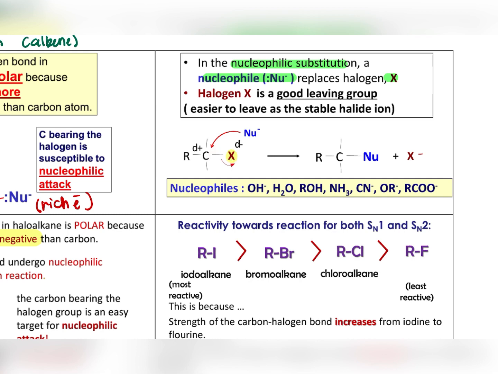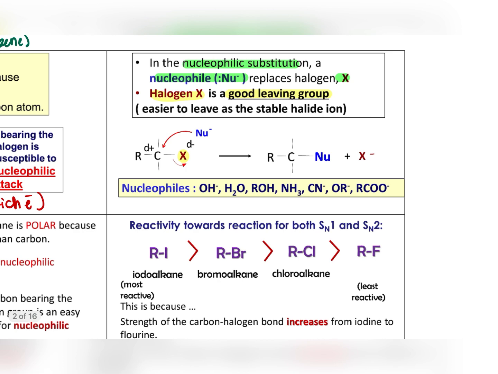2 elektron ni kita akan bagi kepada halogen. So halogen, we know that it is a good leaving group. Why? It is easy for it to leave a stable halide ion. So dia akan jadi X minus ion lah. So for example, Cl minus, Br minus, and so on lah. Okay, commonly kita jumpa Cl dengan Br minus ion.